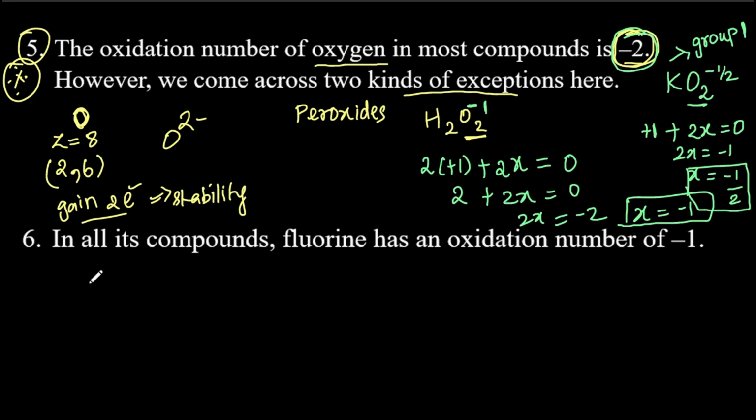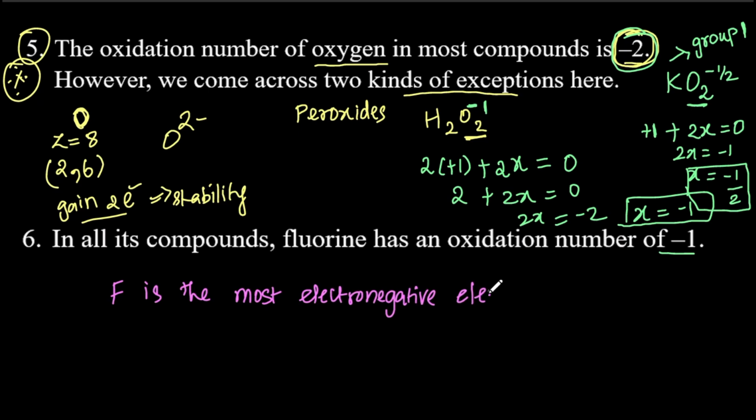So the next rule is, in all its compounds, fluorine has the oxidation number of minus 1. It is obvious that fluorine is the most electronegative element. What is the atomic number of fluorine? It is 9. The electronic configuration is 2, 7.